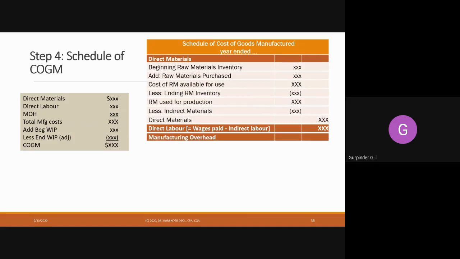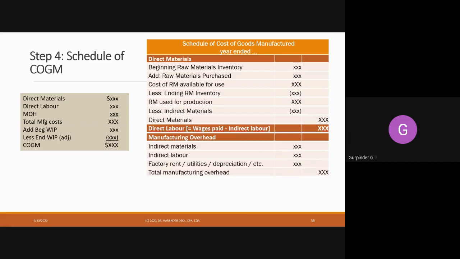And then comes our manufacturing overhead account, which will capture all of our indirect cost, which is your indirect labor, indirect material, and other manufacturing cost. So this is where we bring in our indirect material, indirect labor, your factory rent, utilities, depreciation, all of those accounts come here.